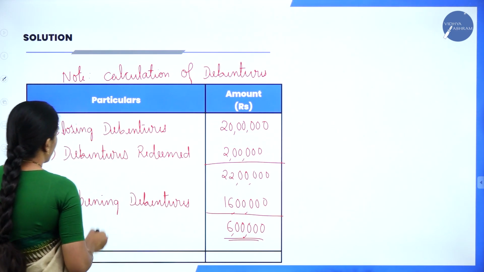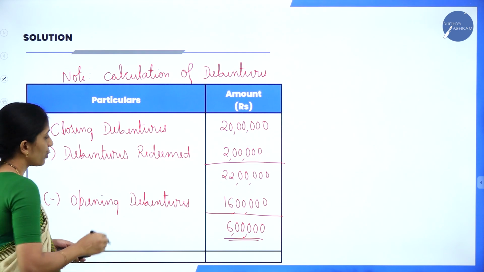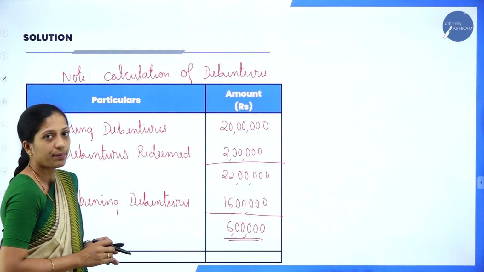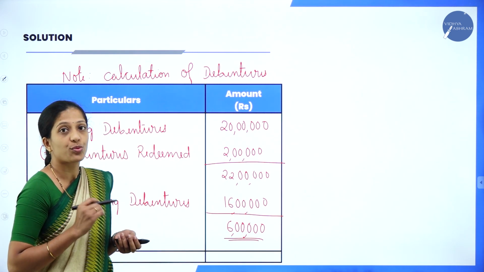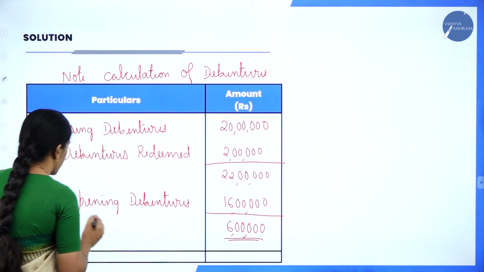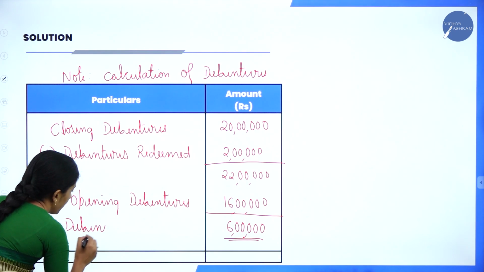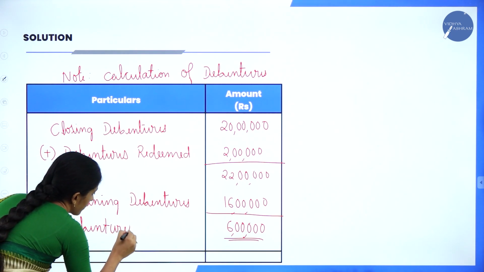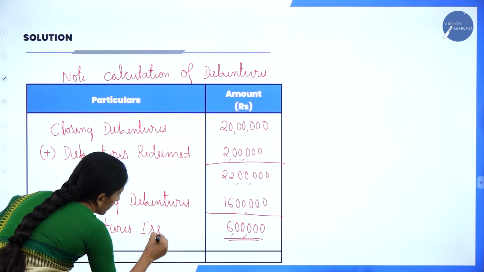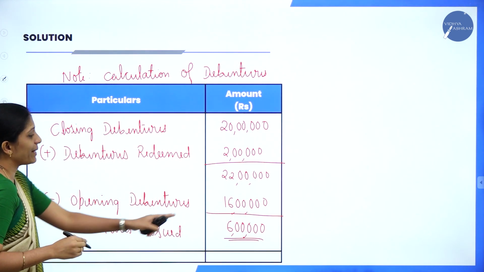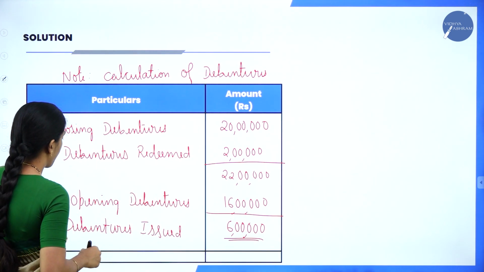Yes. So this will be the debentures. Okay. Now you got 6 lakhs. So this is what? Fresh issue of debentures. So we'll write debentures issued, 6 lakh.